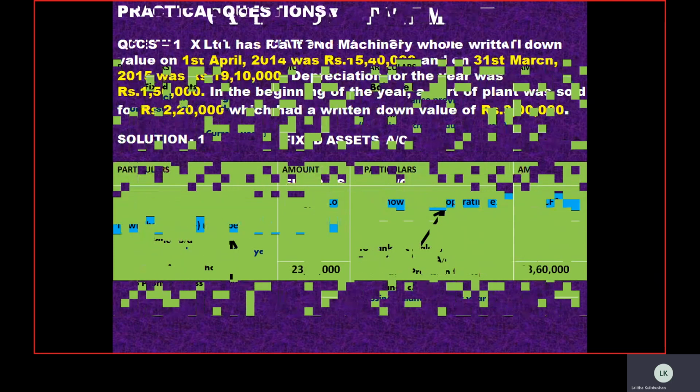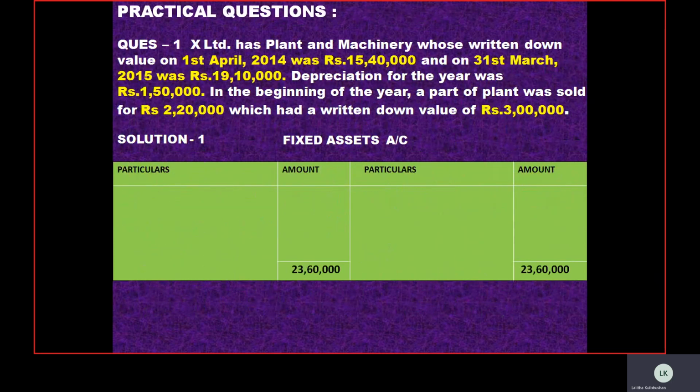Okay children, now let's understand the application of the concept which we have seen earlier through this particular question. Question number 1 says, X Limited has plant and machinery whose written down value on 1st April 2014 was rupees 15,40,000. That means it's the opening value.